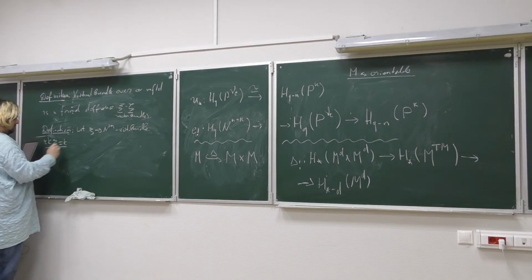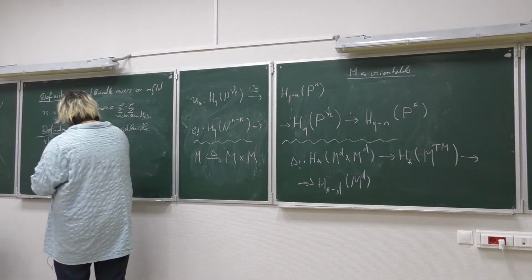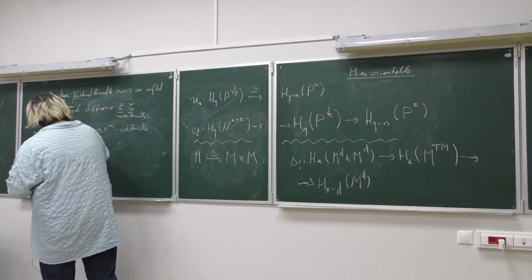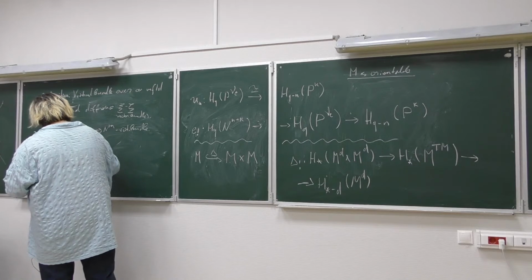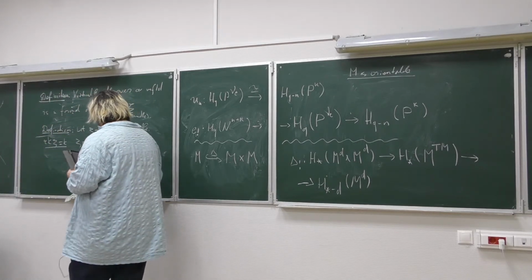So let the rank of zeta be k. And we can, of course, assume that zeta is just minus psi for a certain vector bundle psi.